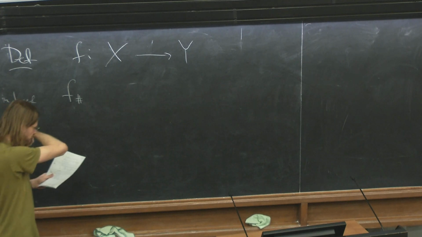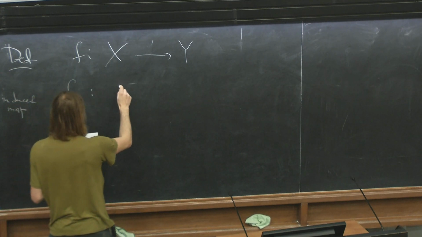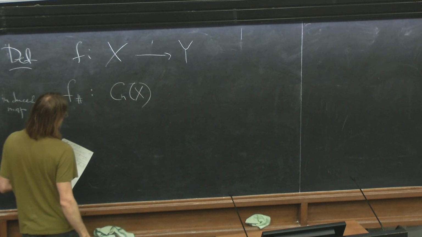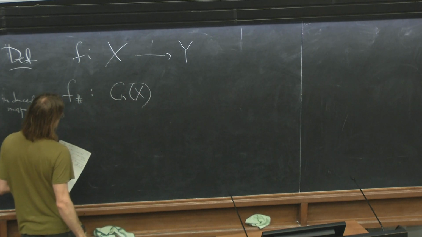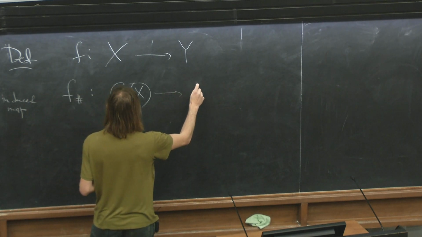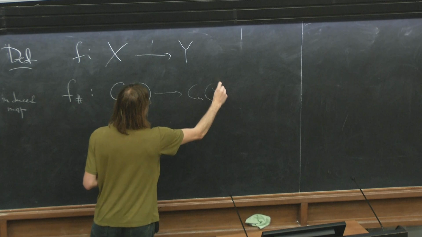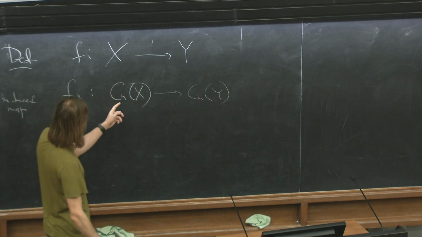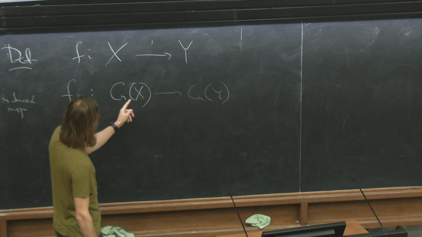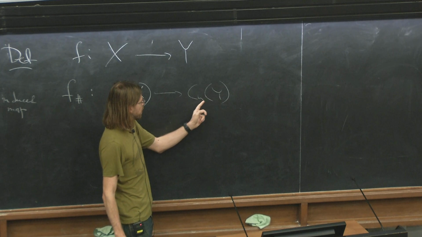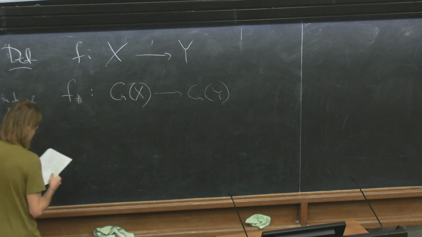So far, this is not a map on homology groups, but a map on the corresponding chain complexes. It's a map from the singular chain complex of X in degree n to the singular chain complex of Y, also in degree n.